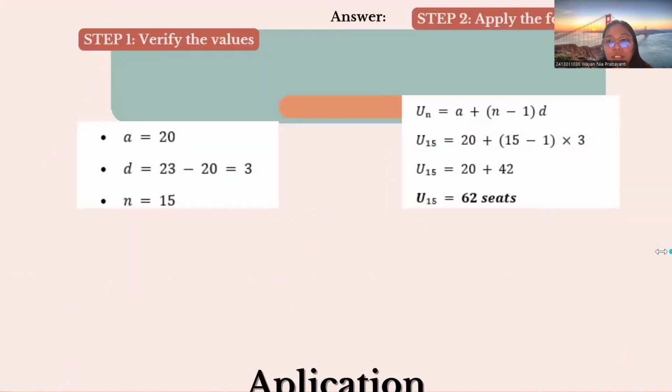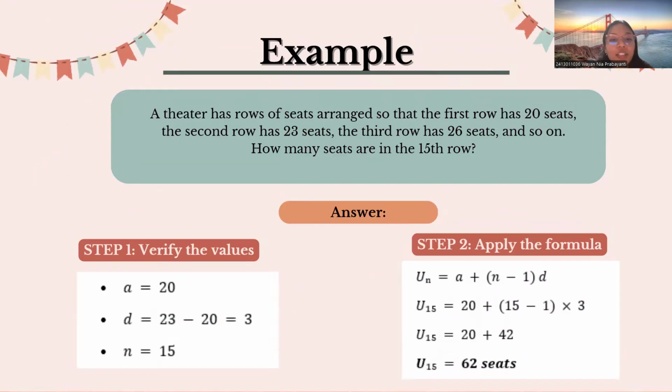Okay, let's take a look at the application. So here is some example. The first: a theater has rows of seats arranged so the first row has 20 seats, the second row has 23 seats, and the third row has 26 seats, and so on. How many seats are in the 15th row? We already know that this is an arithmetic sequence, so all we need to do is verify the values.